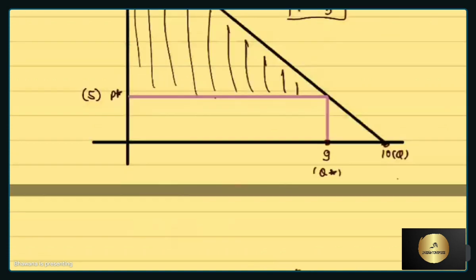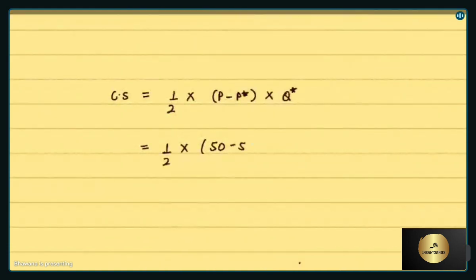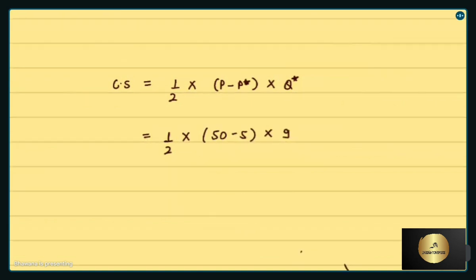So again put the formula. CS is equal to 1 by 2, P minus P star, into the number of quantity that you want to consume, Q star. So 1 by 2, the difference is 50 minus 5, into 9.